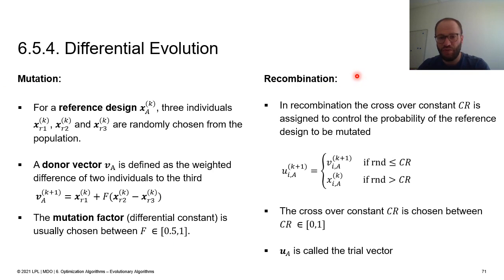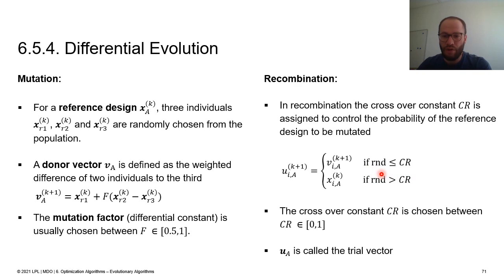Mutation and recombination in differential evolution are somehow connected, because the next step for recombination is a crossover constant, CR, which can be chosen, and then you compare. This is a random selection process in the recombination.